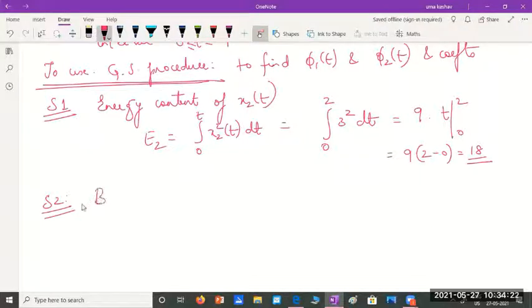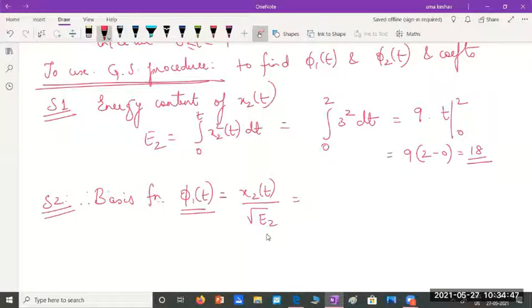What is the definition for basis function phi 1? Therefore, from the Gram Schmidt procedure, the basis function phi 1 of t is defined as the given signal S2 or x2 of t divided by root of its energy. How do I define the signal phi 2 of t?